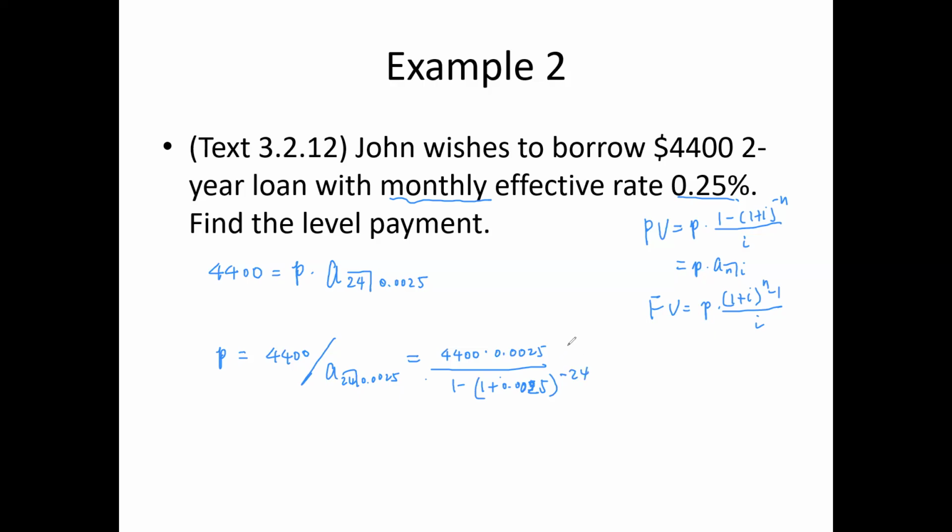All right. That is 189.117332. So you're going to round it to 189.12. That's the level payment.